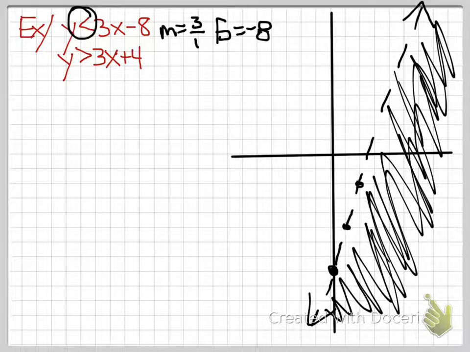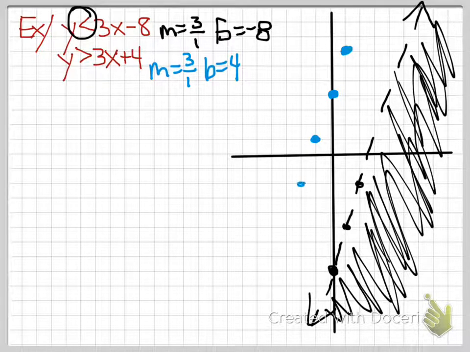On the next graph, my slope is 3 over 1 once again, and my y-intercept is 4. So I'm going to plot my y-intercept at 4 and apply my slope to that. So I'm going to go up 3 over 1. And remember, if you run out of room and you can't do it again, you can do the opposite for each. So instead of going up 3, right 1, I'm going to go down 3, left 1.